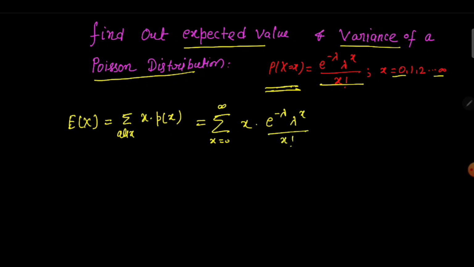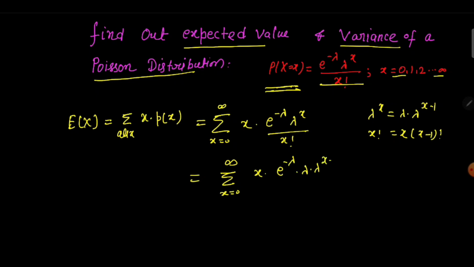Now we can write lambda to the power x as lambda into lambda to the power x minus 1, and x factorial can be written as x into x minus 1 factorial. So our equation will be the sum from x equals 0 to infinity of x into e to the power minus lambda, lambda to the power x minus 1, divided by x into x minus 1 factorial.